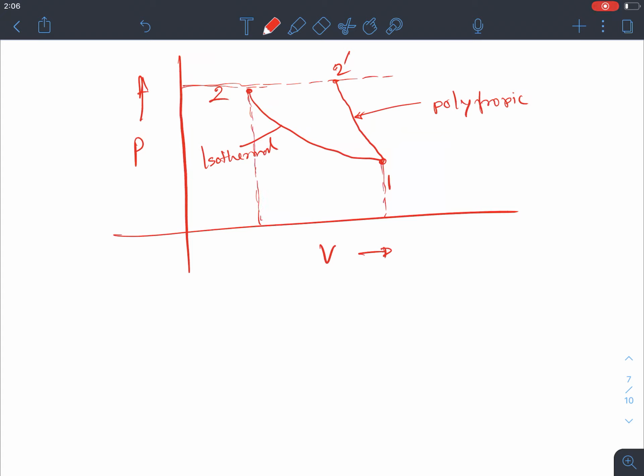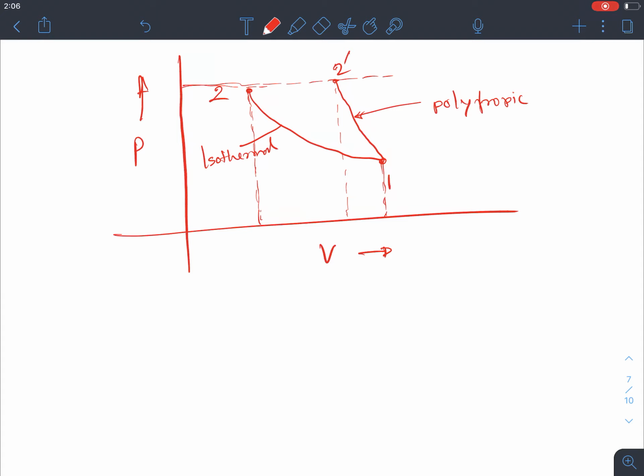Let's say this is 2 prime. So the compression work happening here is the area under this curve, which is relatively higher for ideal cases, but in actual cases it's still relatively lower compared to this isothermal.